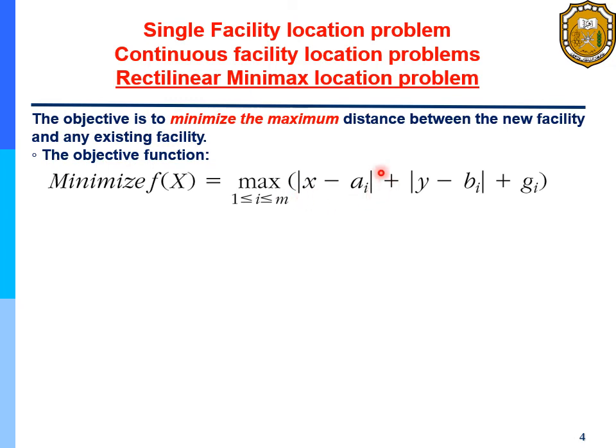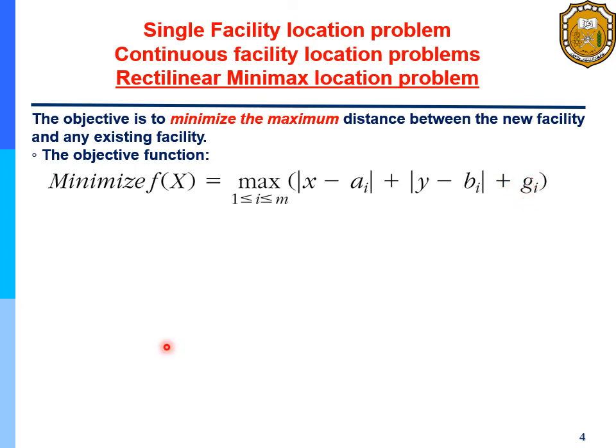Okay, we are still interested in the rectilinear distance. So it is |x minus ai| plus |y minus bi|. But we want to minimize this maximum distance. Sometimes we include another constant like gi in this. What does gi represent?